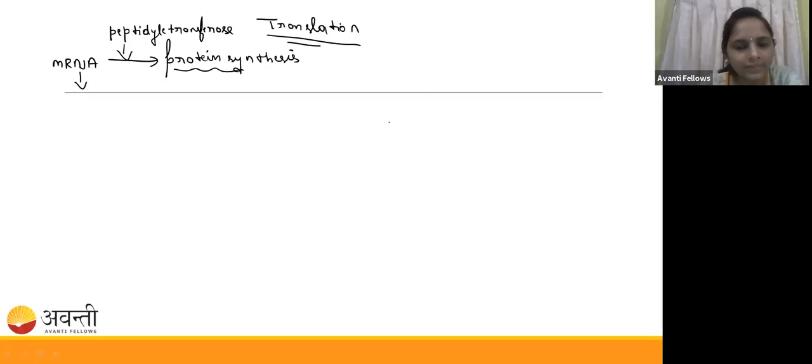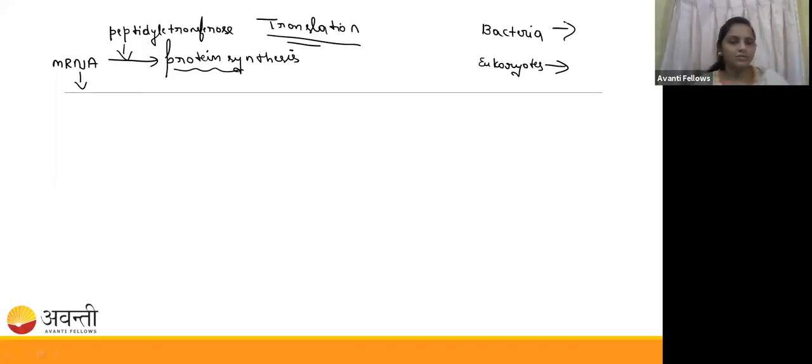Guys, can anyone tell me where the protein synthesis takes place in bacteria and in eukaryotes? Where is the translation going to take place, whether in the cytoplasm or in the nucleus? Tell me, guys, you know the answer, I think.